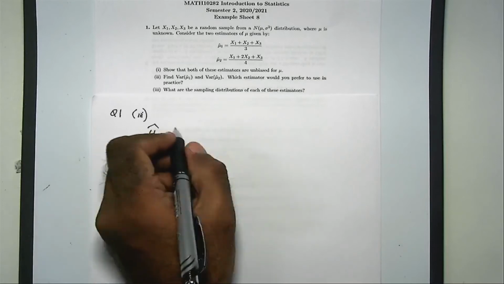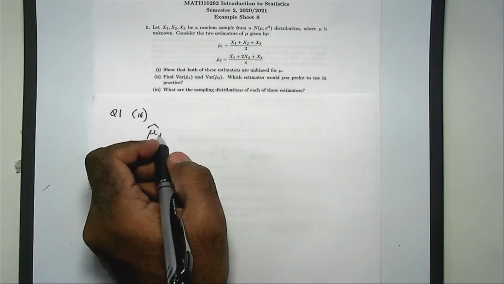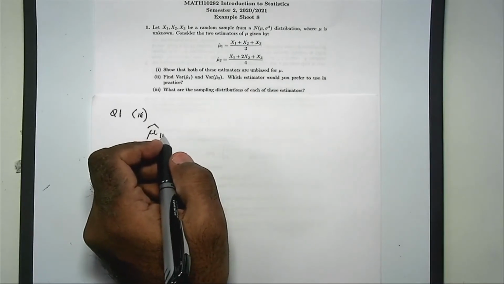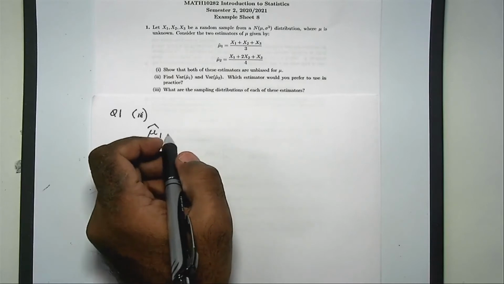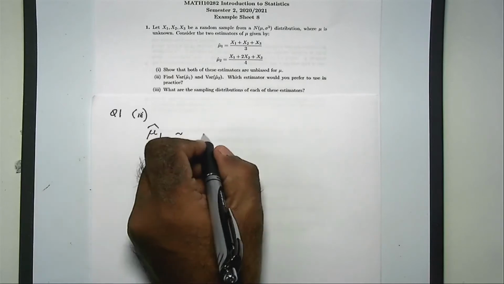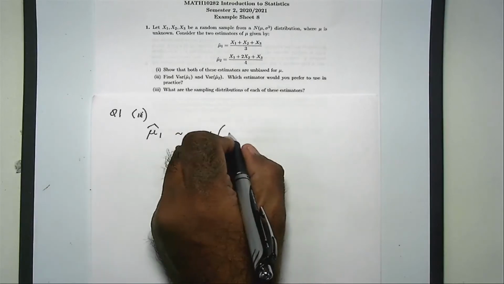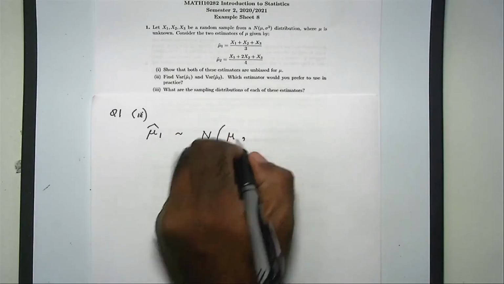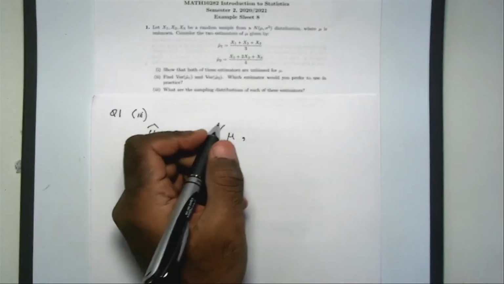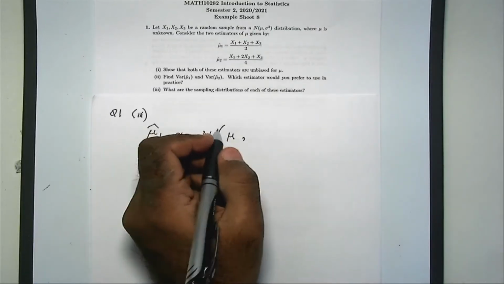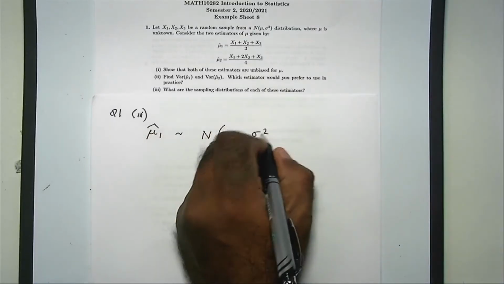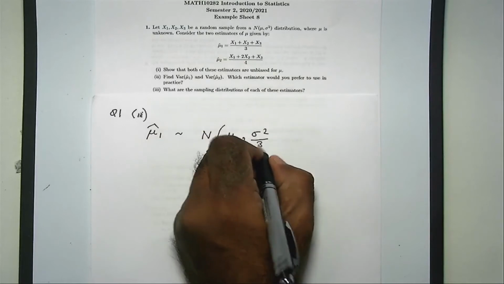So mu1 hat, which is a linear combination of independent normal variables, will have a normal distribution with the mean, which we worked out earlier to be equal to mu, and the variance, which we just worked out, is equal to sigma squared by 3, right?